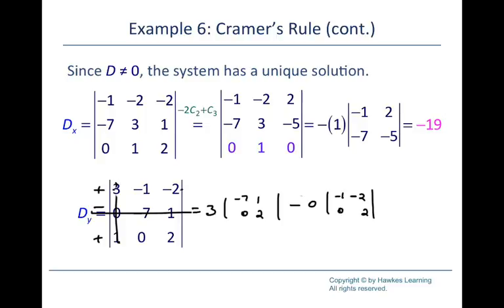Then we'll say plus 1. And the minor for the 1, so we can see it a little clearer, we can mark out the bottom row, is -1, -2, and -7, 1.